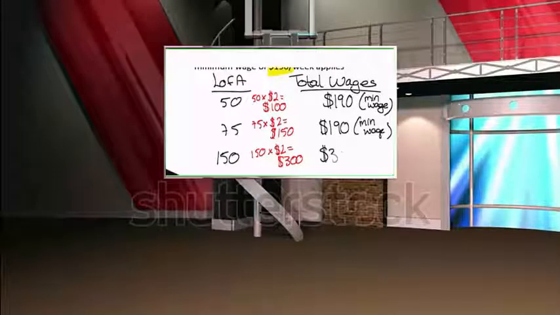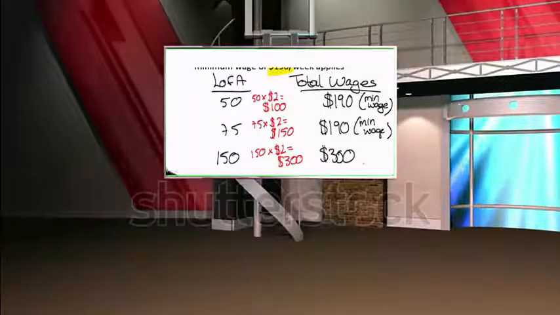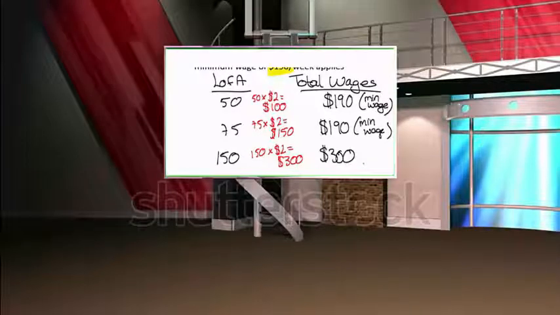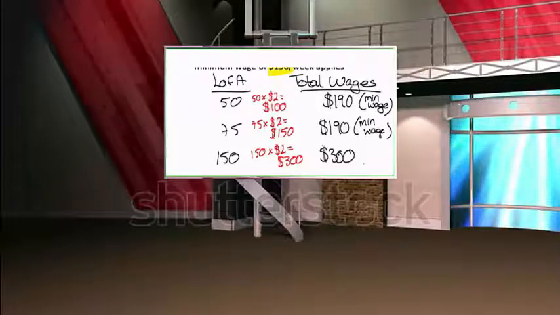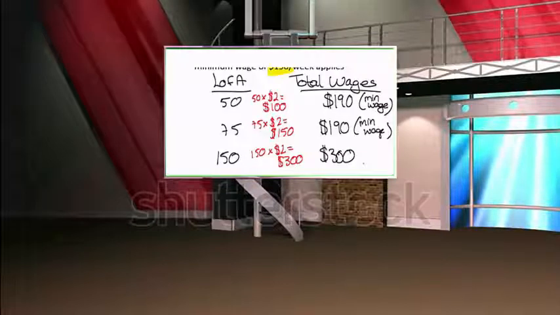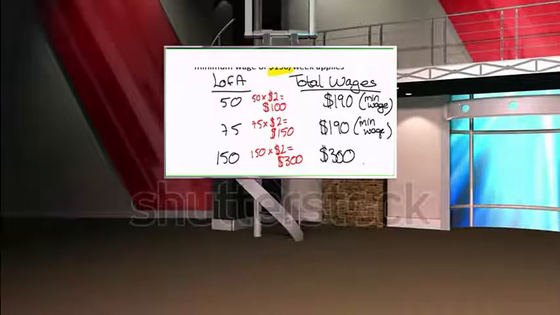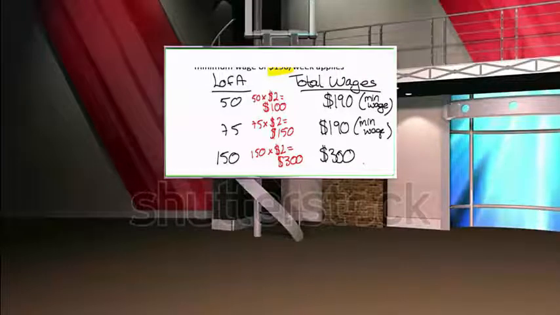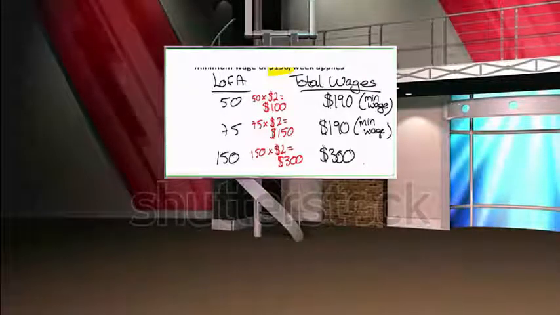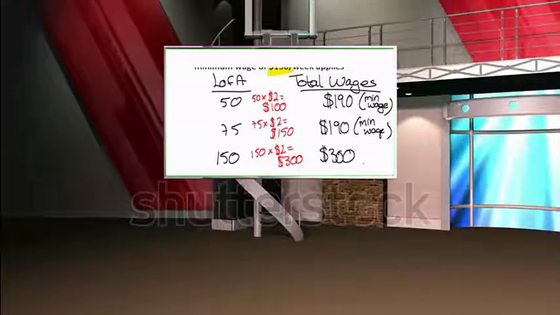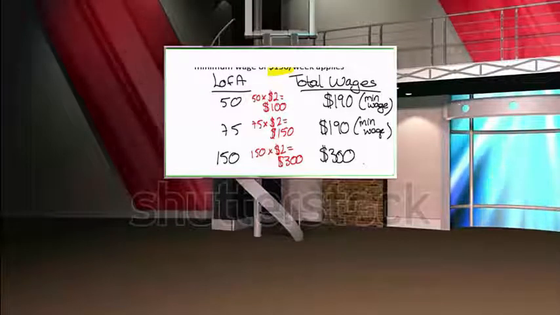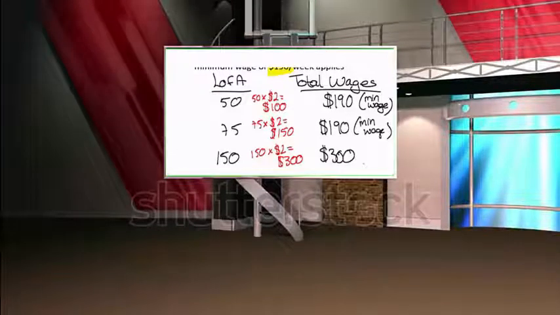So instead of $190, the employee will get $300. When a company has a piece rate scheme with a minimum wage, then the employee will always be paid the higher of the salary they have earned through their activity or the minimum wage.